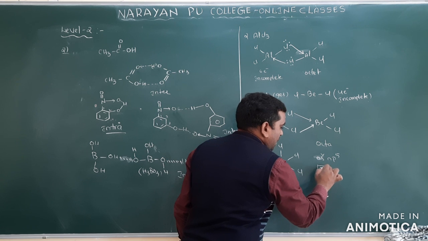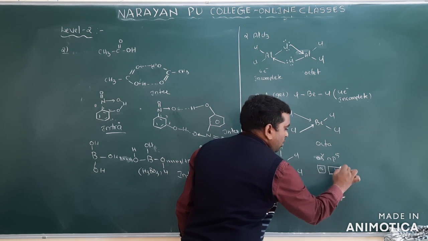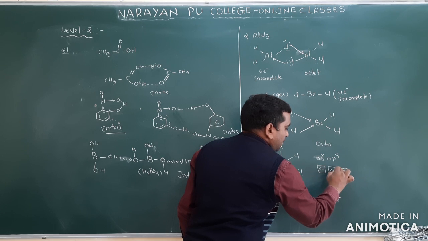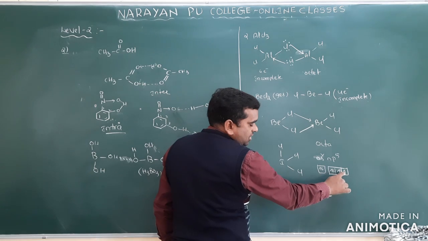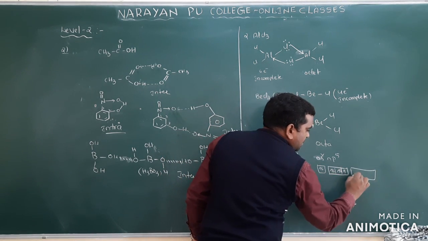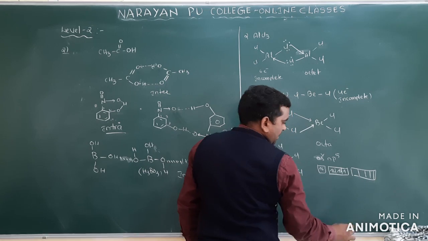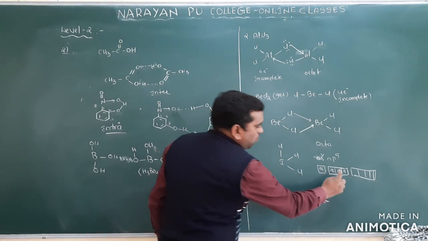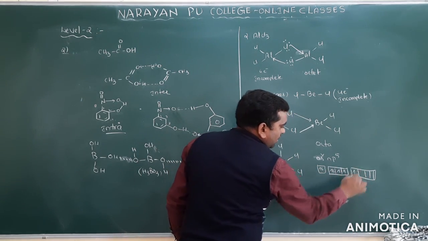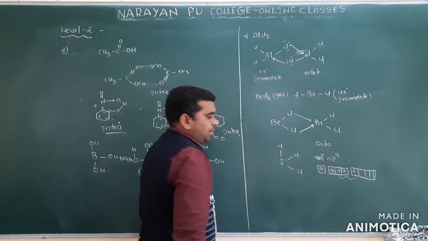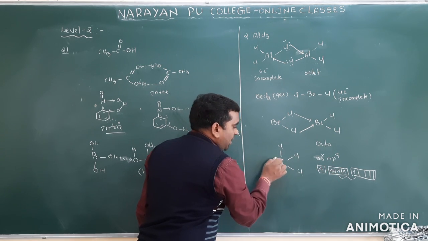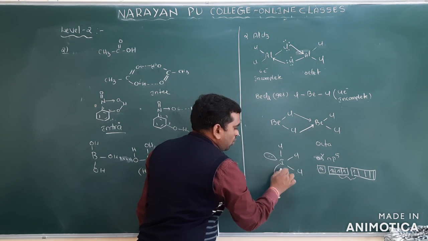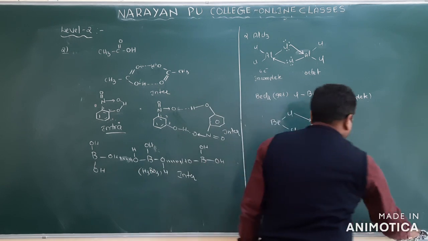So this is 2 electrons here, and how many electrons here? 1, 2, 3, 4 and 5. It is forming how many bonds? 3 bonds. But here only 1 electron is there, so the next d orbital will come. They jump one of the electrons here. Then how many electrons are there? 3. So it is forming 3 bonds. How many lone pairs of electrons will be there? There are 2 lone pairs of electrons.